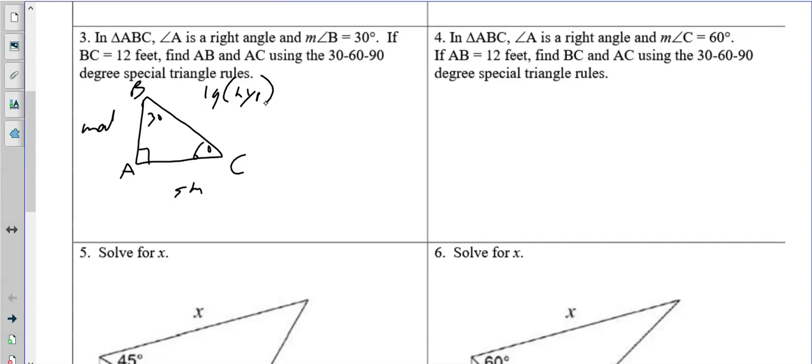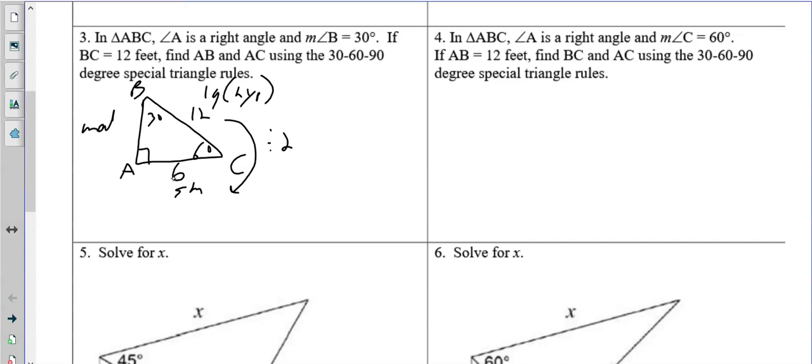If BC is 12 feet, that is the hypotenuse, the biggest side. Find the other two sides. Well, remember, the easiest thing to do is always go to the small side first. That's simply dividing by 2, which means this side is 6. So the ratio between the small side and the hypotenuse is 2.